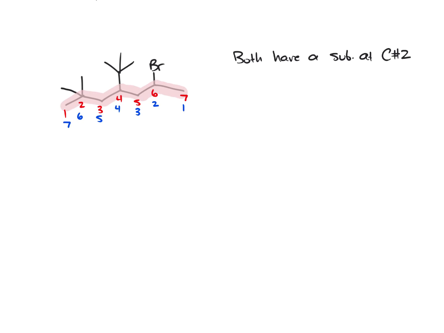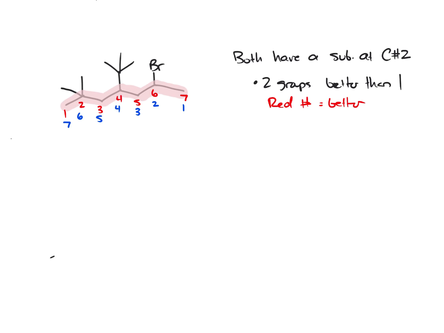But if we compare the two schemes, it's better to have two things at 2 versus only one. So that's why the red numbering scheme is the better. So you go by the number of substituents, but if they both had 1, then you would do the alphabetical name, right? Yes.